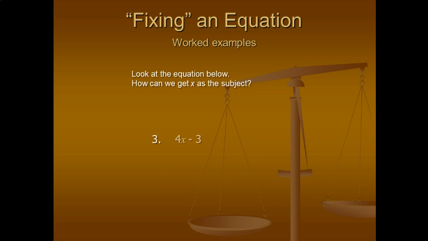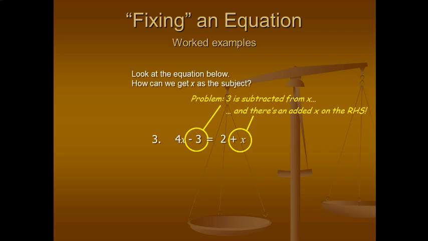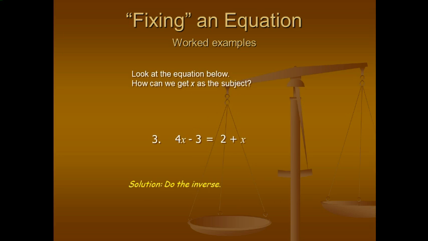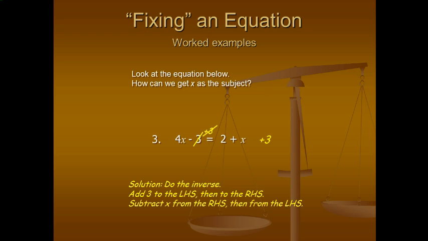Exercise 3. 4x minus 3 equals 2 plus x. The problem is 3 is subtracted from x, and there's an added x on the right-hand side. The solution? Do the inverse. Add 3 to the left-hand side, then to the right-hand side. Next, subtract x from the right-hand side, then from the left-hand side.